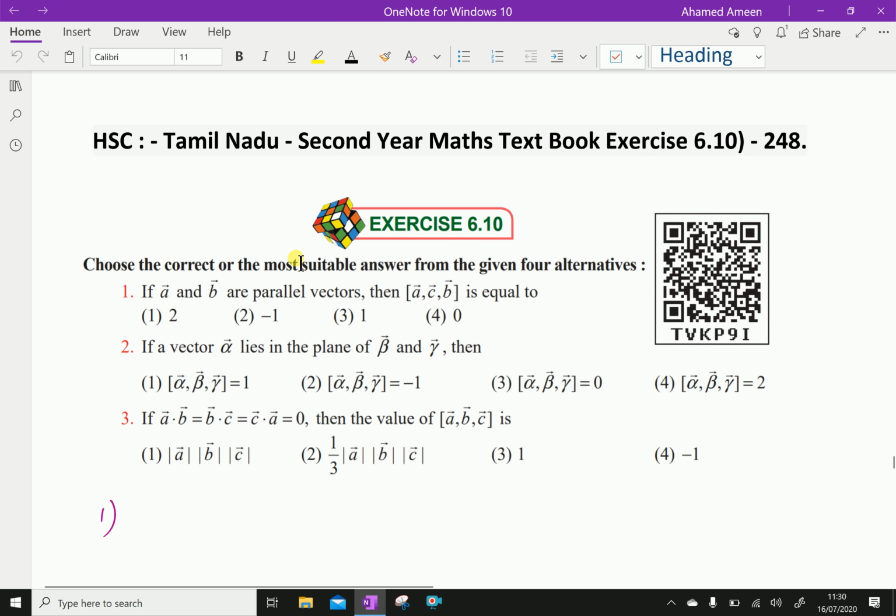Question number 1, the multiple choice questions. If vector A and vector B are parallel vectors, then the cross product of vector A and vector B is equal to?